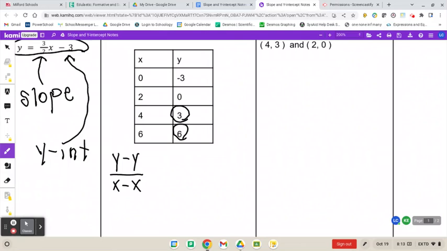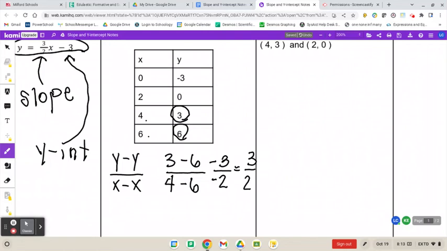So on the top, I'm going to put 3 minus 6. On the bottom, I'm going to take the x's that go with it. So I'm going to do 4 minus 6. That gives me -3 over -2. When I simplify that, it'll give me 1.5 in the calculator, and you just put 3 over 2.